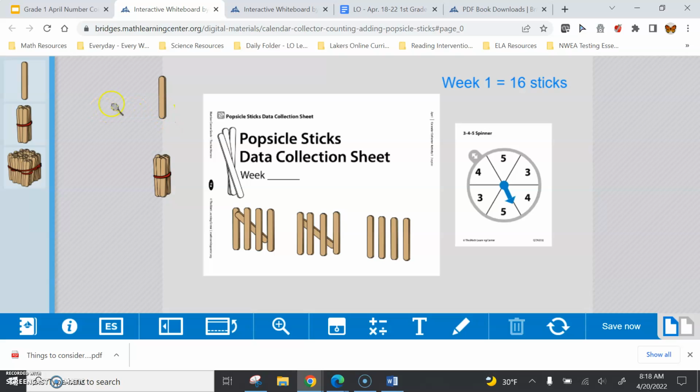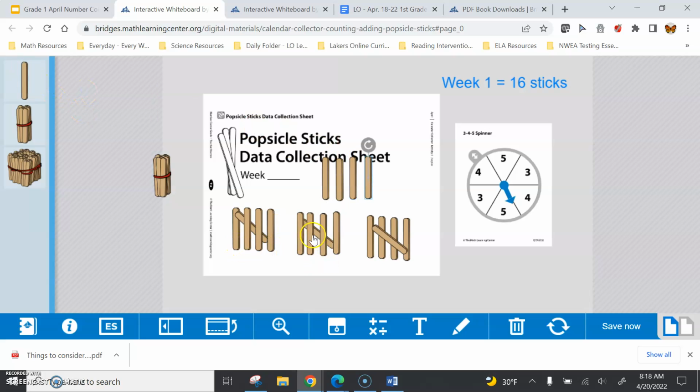5. So we have 1, which is going to make another group of 5 there. 2, 3, 4, and 5.